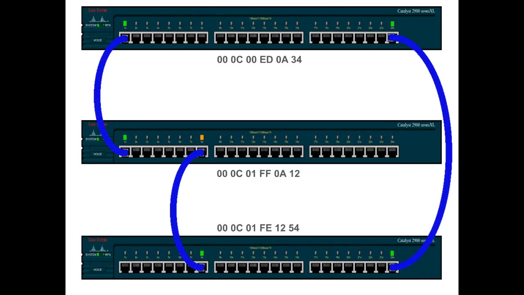Alright, so this concept of the election of spanning tree root bridge, the root ports, and designated and alternative ports, it's quite a big one to grasp. Okay, and it's very important because we need to be able to understand this election process so that we can control it.